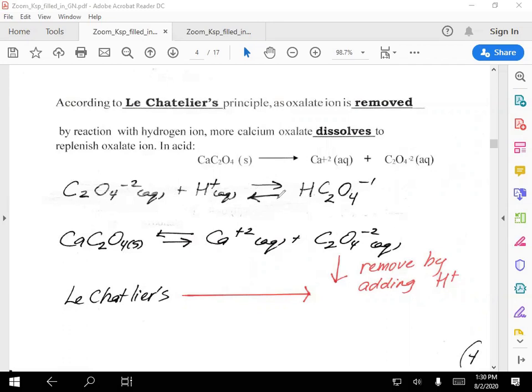So you would have an equilibrium with the oxalate ion and the hydrogen ion because this is a weak acid. So essentially you are removing oxalate, and then the equilibrium would change, and so the calcium oxalate would be more soluble in acid.